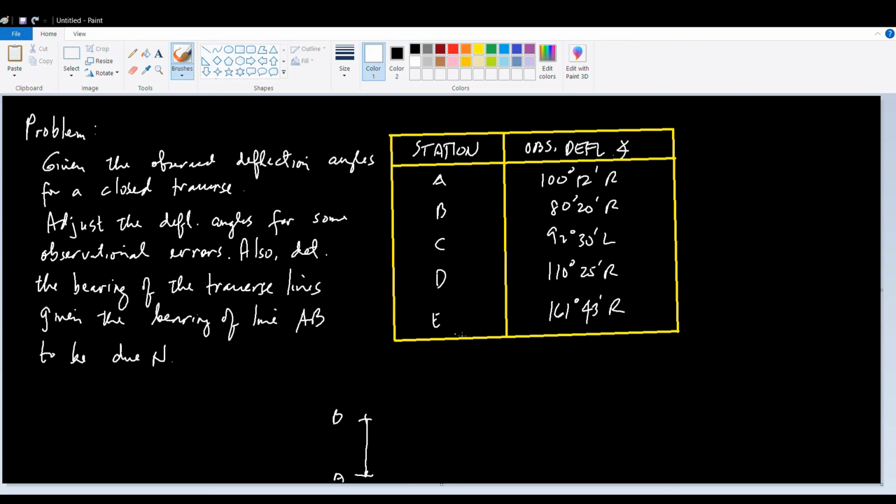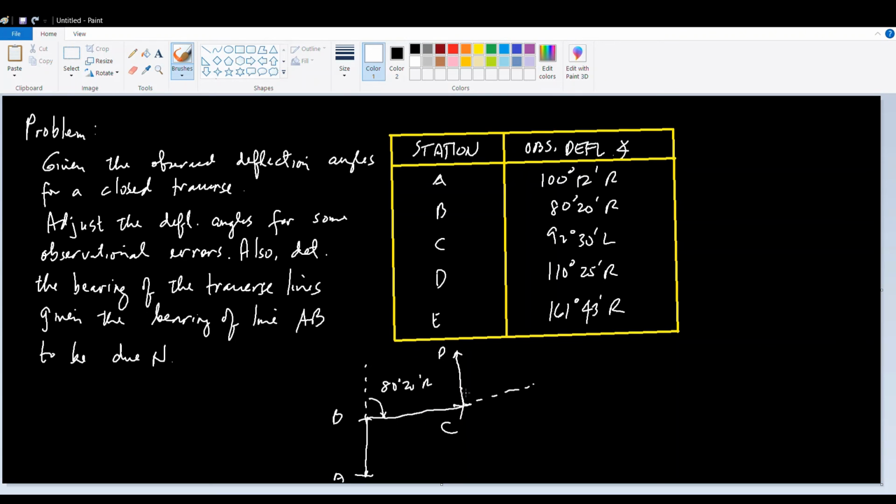And then at B, you apply the deflection angle. 80 degrees and 20 minutes right, so it should be in a clockwise direction. There. So that is 80 degrees, 20 minutes right. Then at C, the deflection angle is 92 degrees and 30 minutes left, so it should be somewhere there.